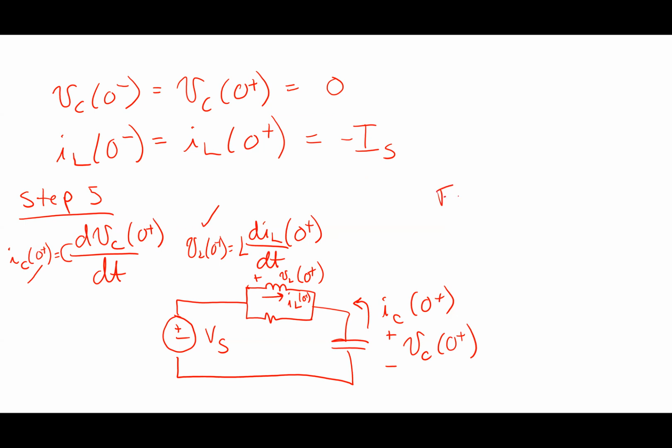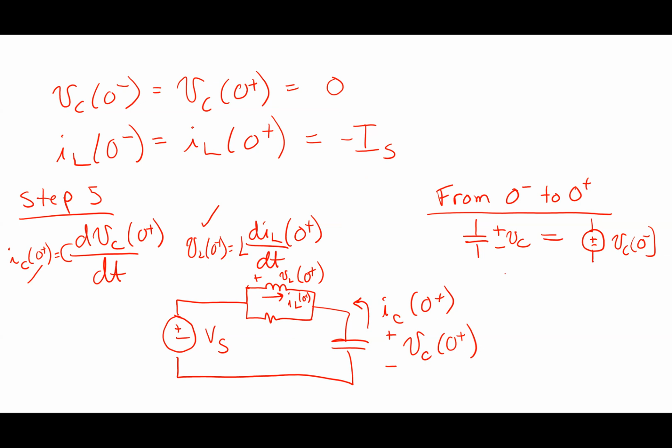From 0 minus to 0 plus, I have that the capacitor is basically equal to a voltage source, V sub C, whatever I had at 0 minus.